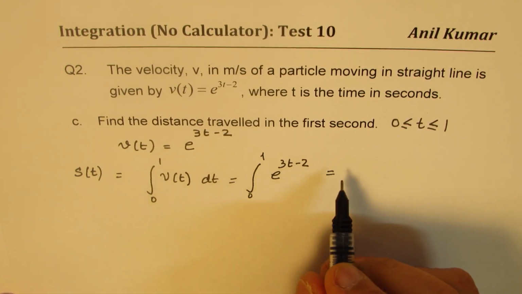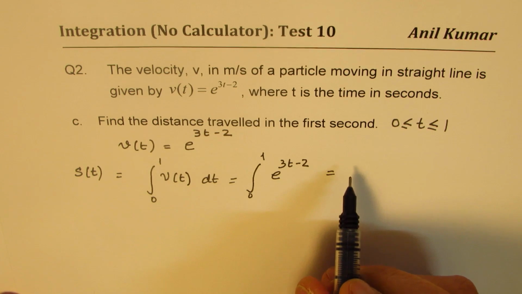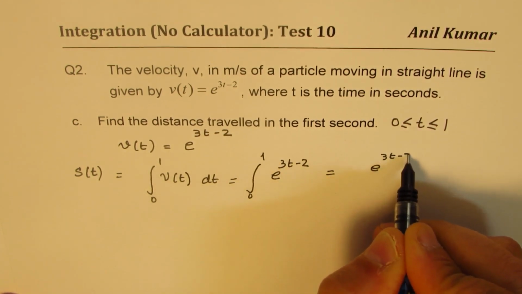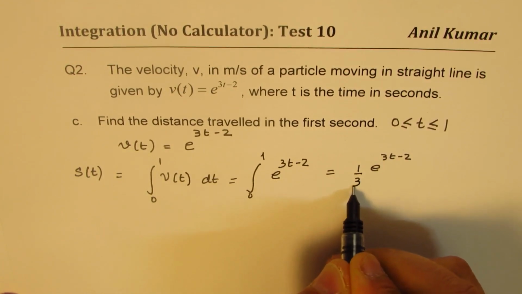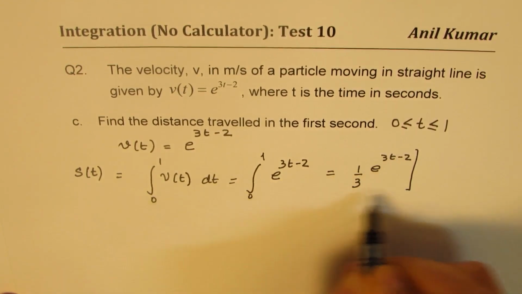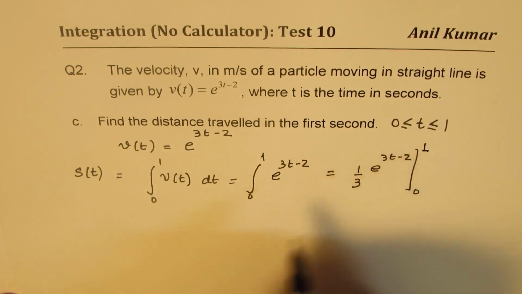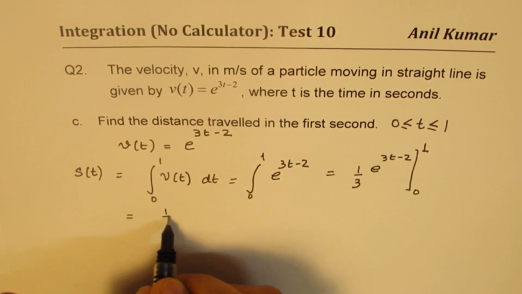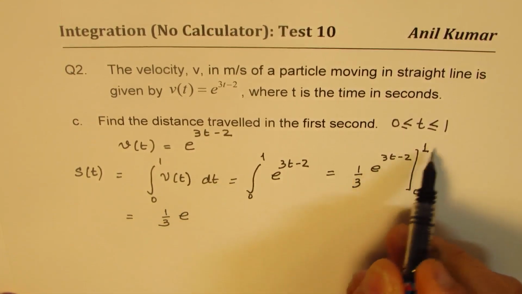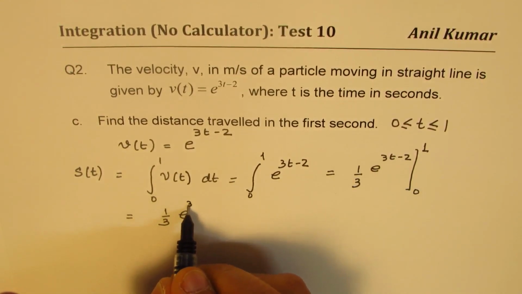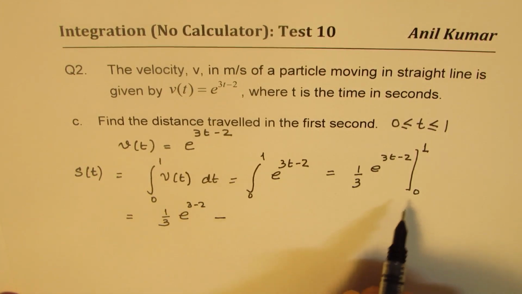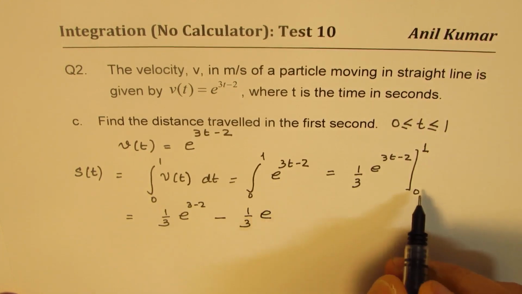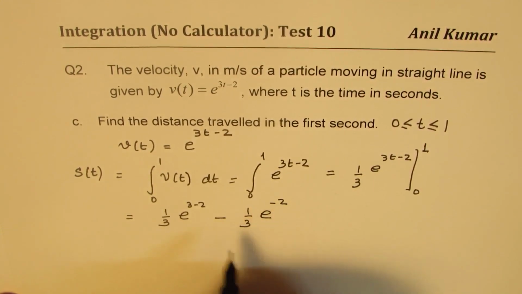So we get this as the function e to the power of 3t minus 2 divided by 3. And we are going to look into the limits from 0 to 1, right? So that is equal to 1/3 of e to the power of, when you put 1 here, you get 3 minus 2, minus, when you put 0 here, you get 1/3 e to the power of minus 2, right?